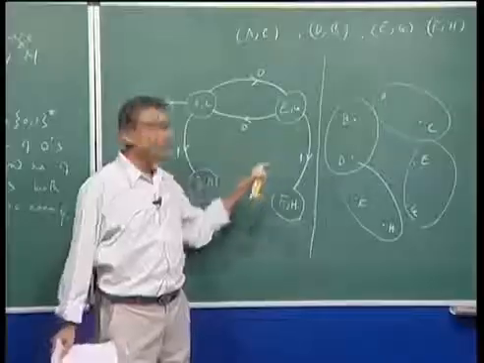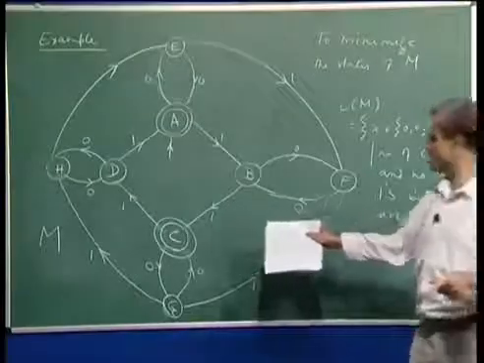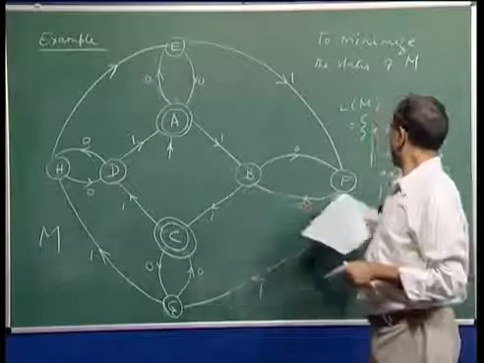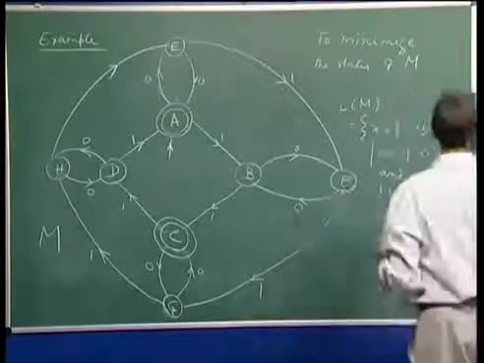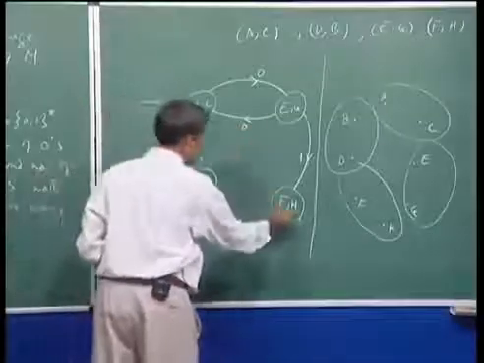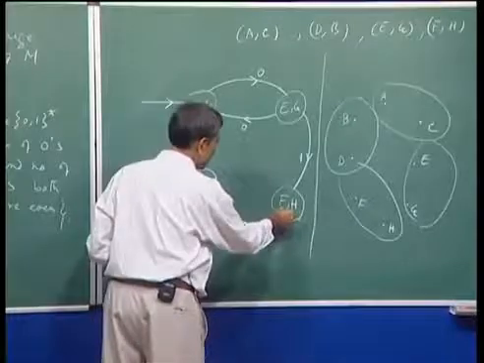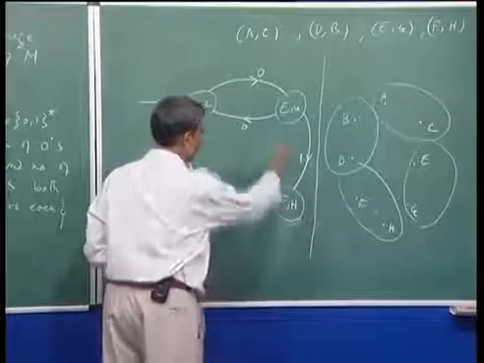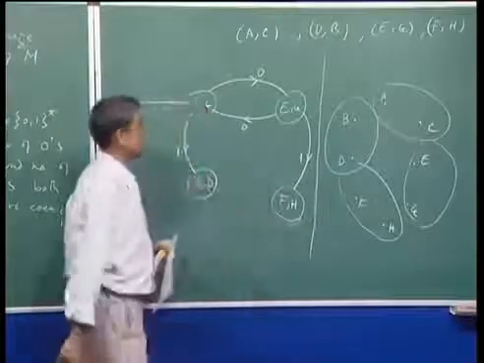And we said E on 1, the machine goes to F, and so therefore, this is the equivalence class in which F is there. Therefore, we put an arrow here, the transition on 1.